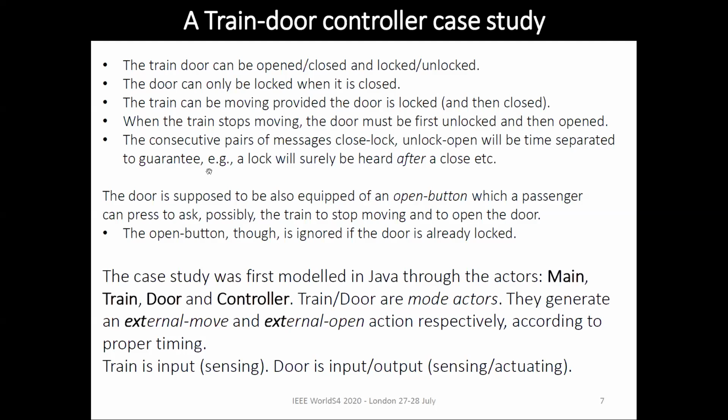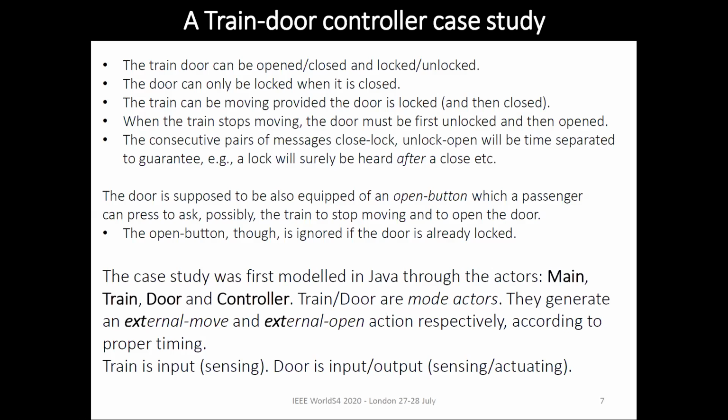Now, this apparently simple system is driven by the environment, because we have actions which originate in the environment, which must be dealt with in the controller. We also assume the existence of an open button for passengers, which can be pressed in order to ask for the door to be opened and so to stop the train.